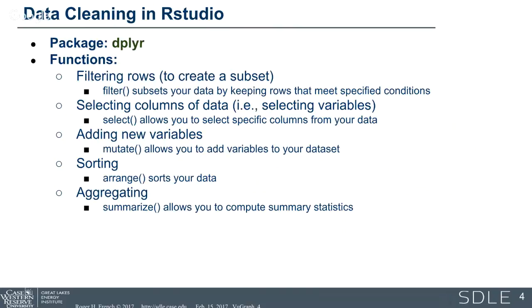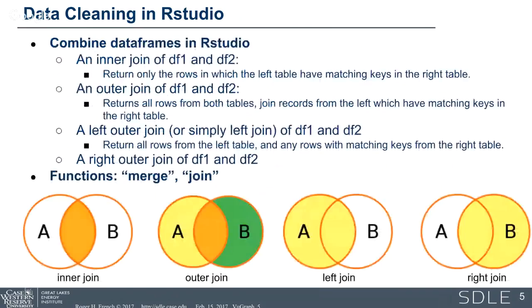Also with mutate, you can combine with other functions, which makes your data cleaning procedures more efficient and not time-consuming. I'm going to show some demos of how to use those functions later.